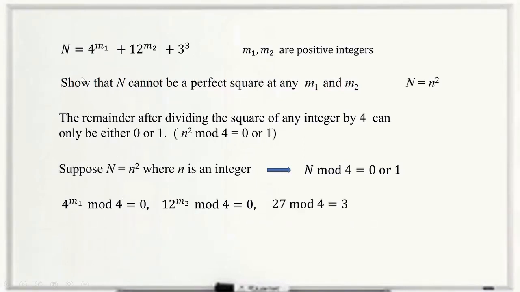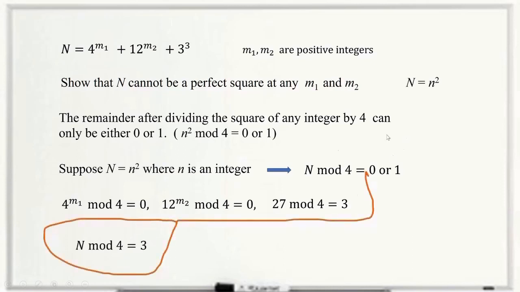So the integer n after division by 4 has a remainder equal to 3. But this is in contradiction with the property which we considered above. It means that n cannot be the square of any integer, so it cannot be a perfect square. Problem is solved.